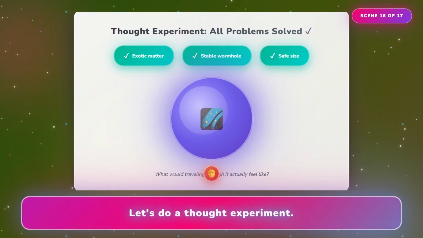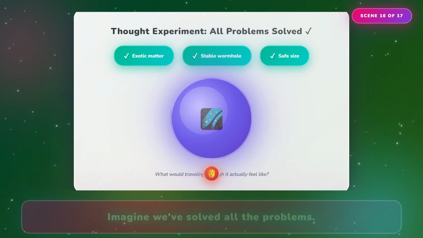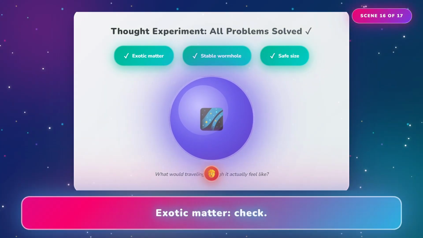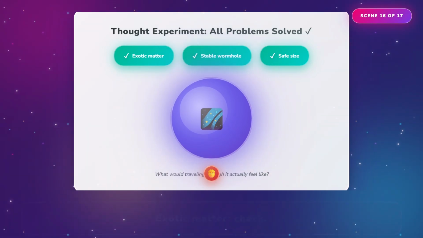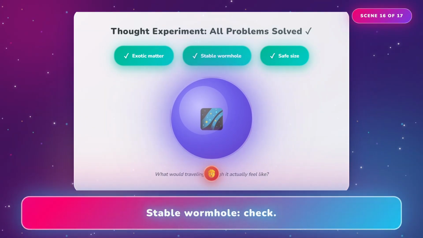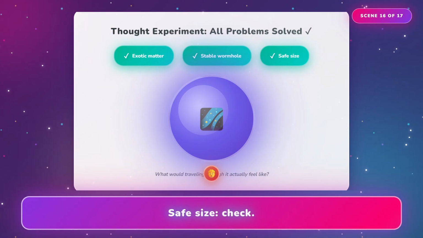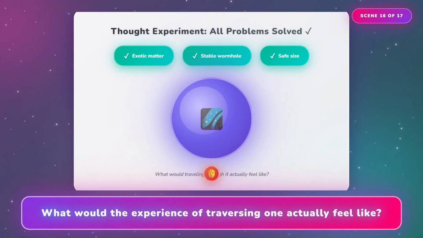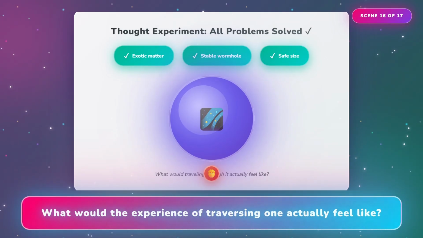Let's do a thought experiment. Imagine we've solved all the problems. Exotic matter, check. Stable wormhole, check. Safe size, check. What would the experience of traversing one actually feel like?